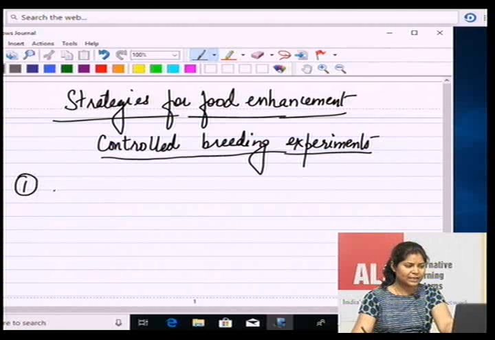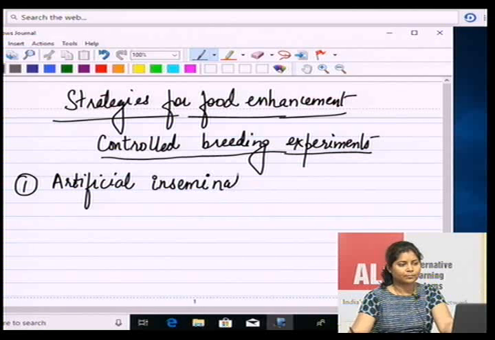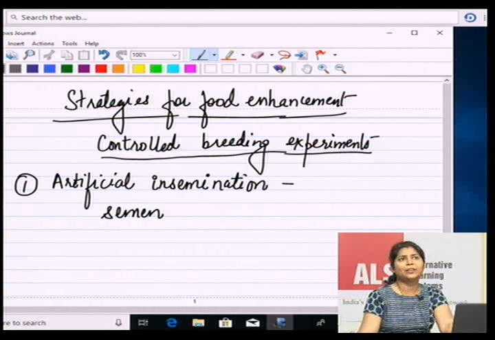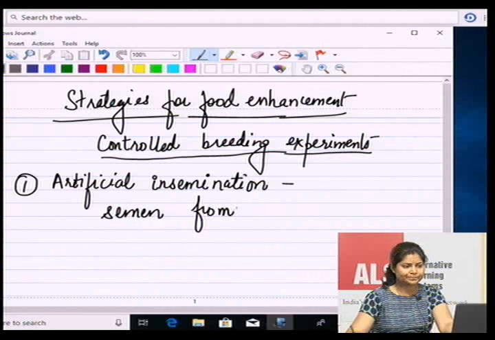The first is artificial insemination. What is done in artificial insemination is very similar to what we did in reproductive health, chapter 4 of our syllabus. So what is happening over here? Semen from the male is collected.